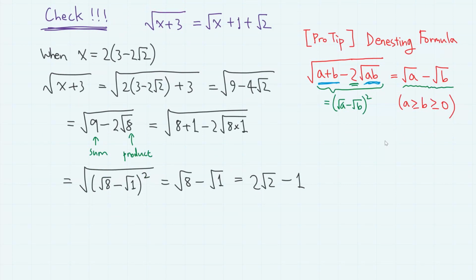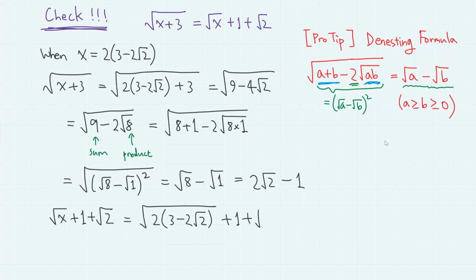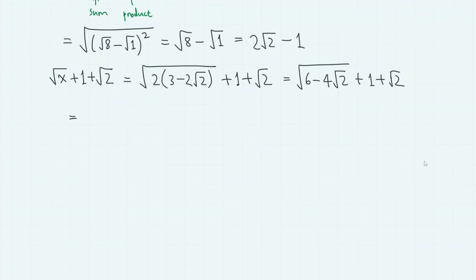And now let's compute the right-hand side, which is square root of x plus 1 plus square root of 2. So we have square root of 2 times (3 minus 2 square root of 2) plus 1 plus square root of 2. So square root of 6 minus 4 square root of 2 plus 1 plus square root of 2. So again, we change 4 square root of 2 into 2 square root of 8.